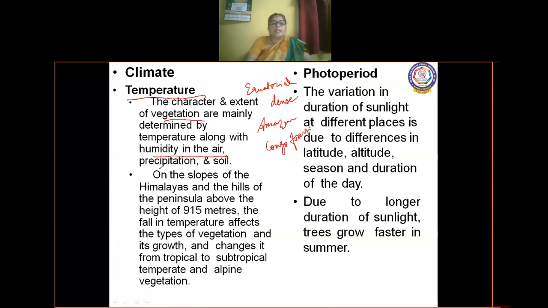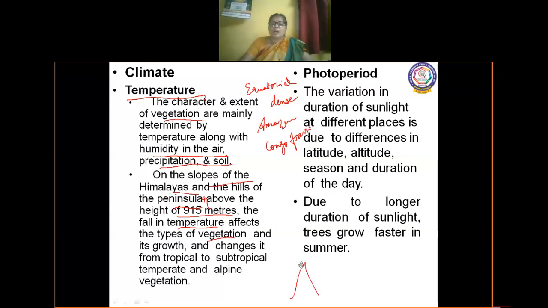So humidity in the air, precipitation, and the soil. On the slopes of the Himalayas and the hills of the Peninsula, you can see that at a height of 915 meters, the fall in temperature affects the types of vegetation. So, what kind of vegetation at altitude?